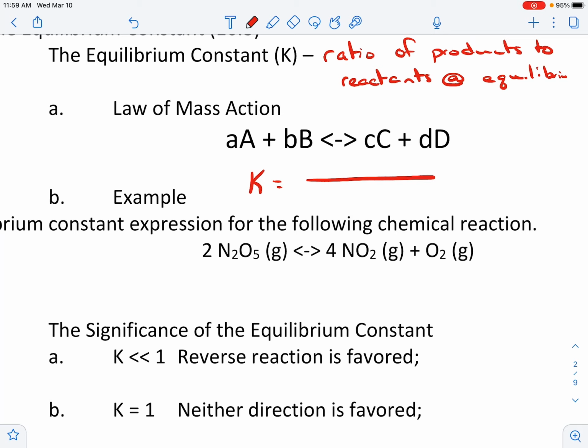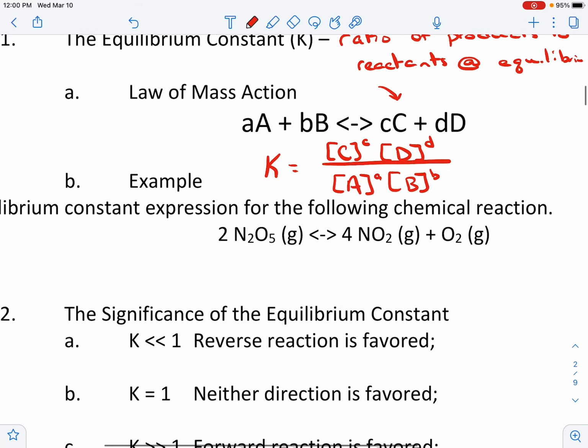So our products are on this side, so we take the concentration of big C raised to the power of little c times the concentration of D raised to the power of little d, over the concentration of A raised to the power of little a times the concentration of B raised to the power of lowercase b. Pretty simple, hopefully, and that's how we figure this out.